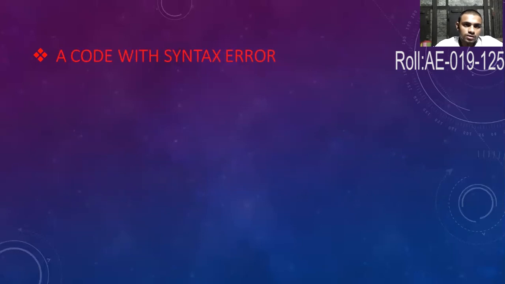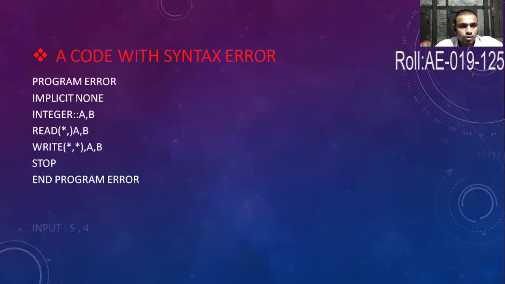Last of all, let's see an example of a code with syntax error. So here is the code. Let's see where the problem is. Look at this read statement. There should be 2 stars in the first bracket but 1 star is missing.